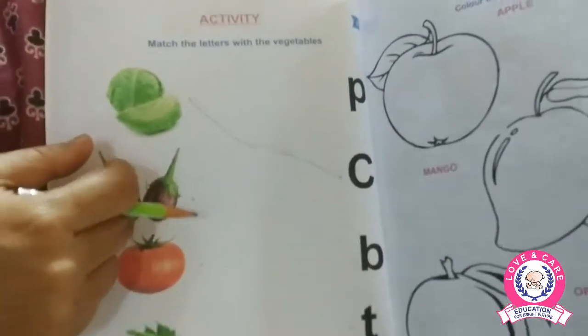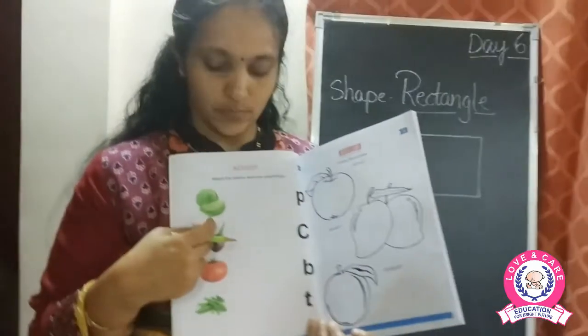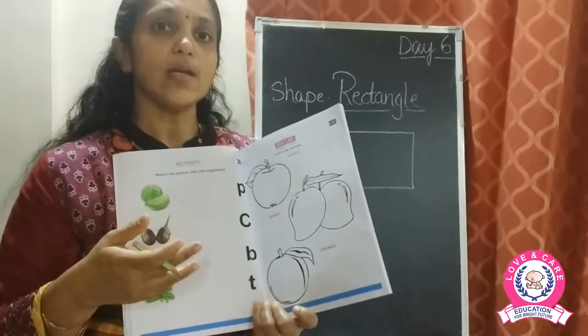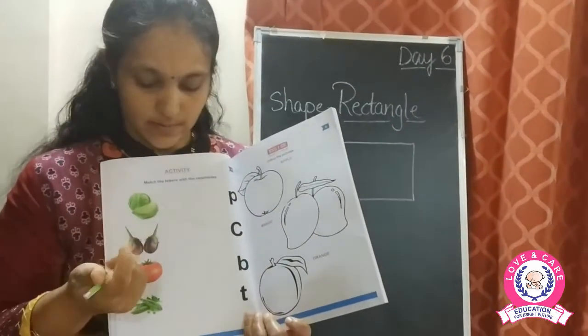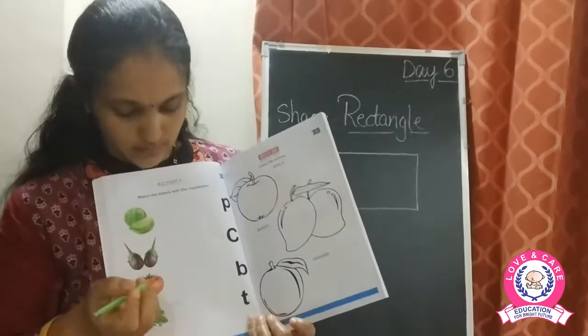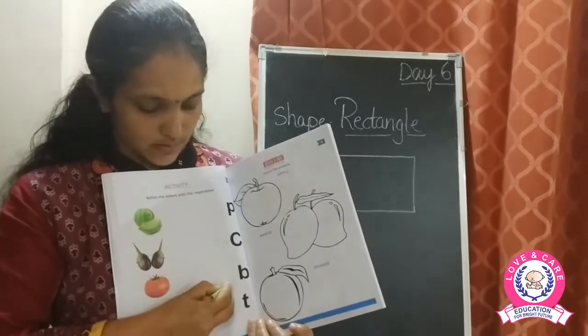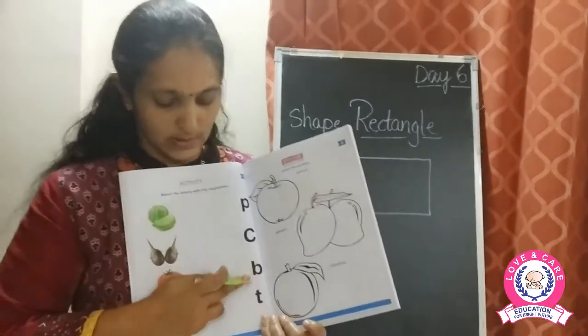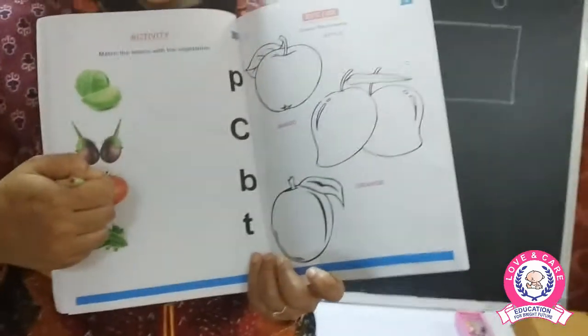Brinjal. B. So it starts with the letter B. Brinjal. Now B नहीं होता है, ब्र होता है because brinjal is a letter B. So you have to match the brinjal with the letter B. Now the next picture here is the picture of a tomato.